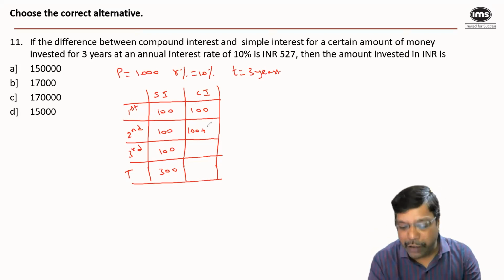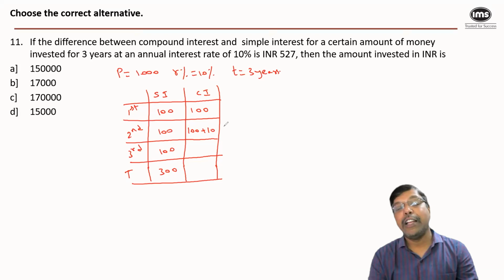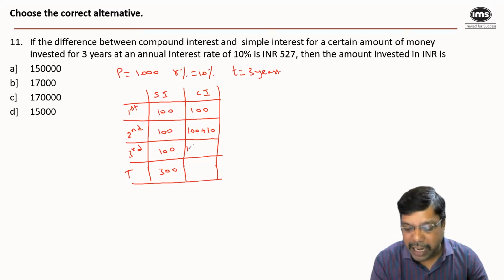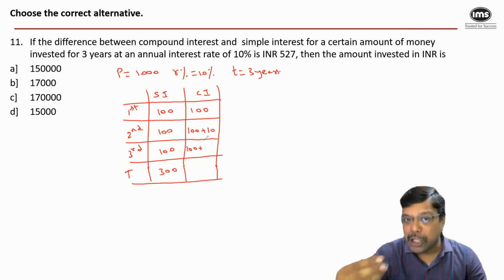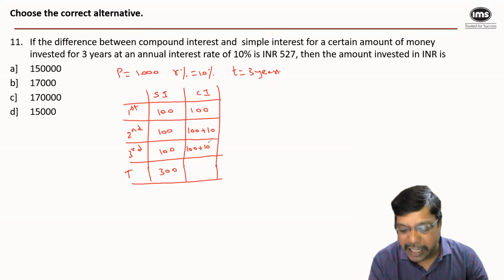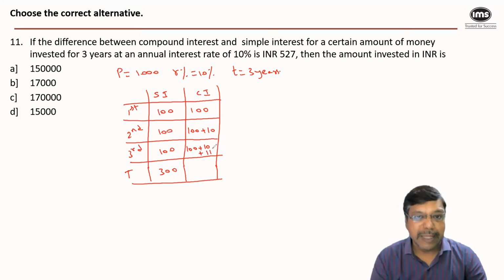So 10% of 100, which is 10. For the third year, the compound interest is 100 rupees, which is on principal, plus interest on first year, that is 10 rupees, plus interest on second year, which is 11 rupees.